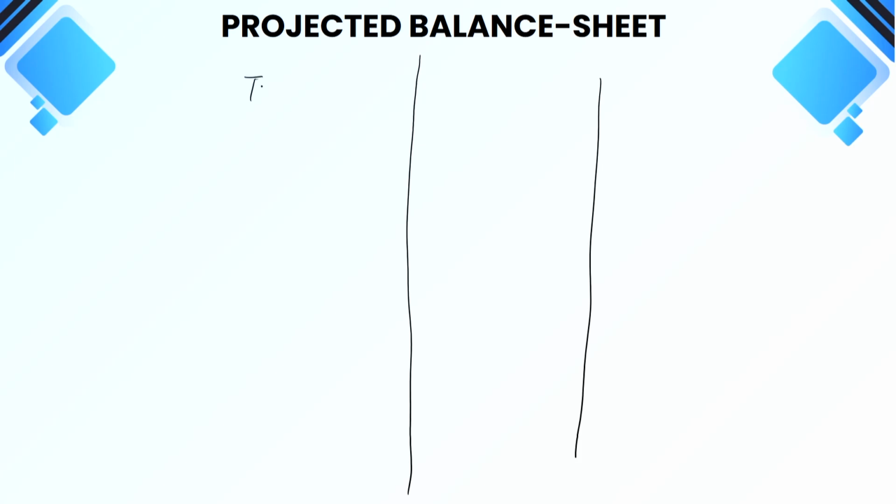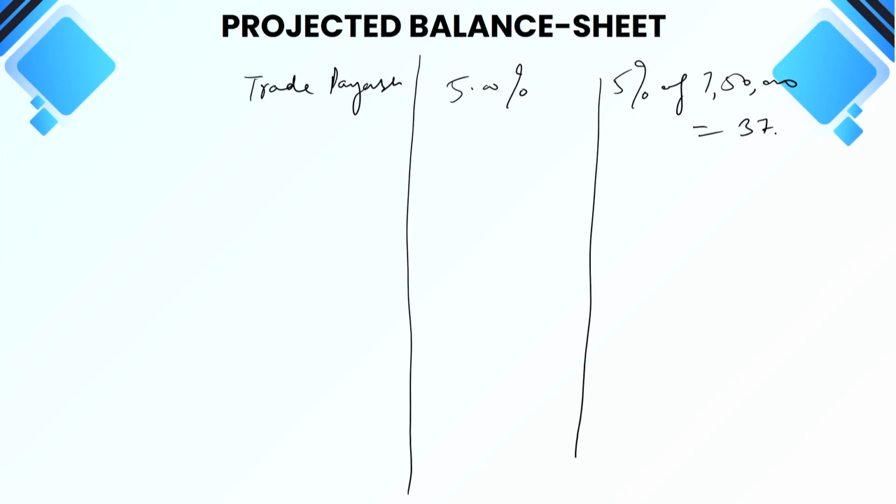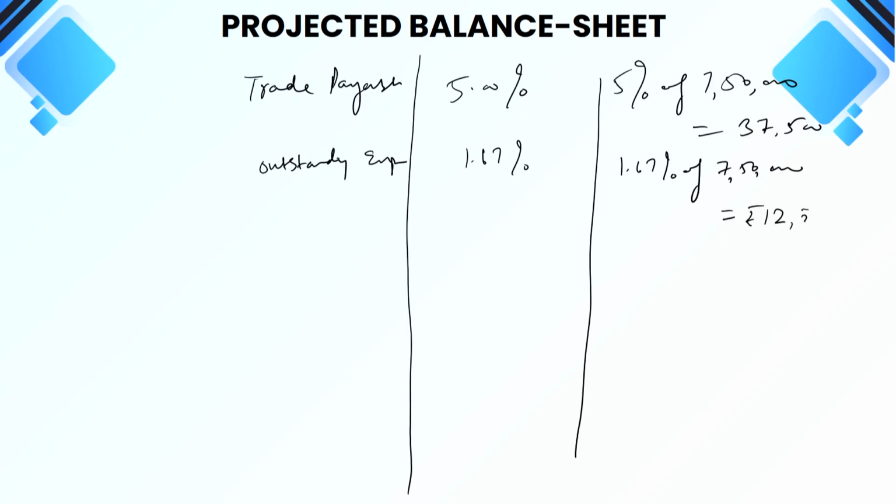As we projected the current assets, now we project the current liabilities too. The current liabilities are trade payable at 5% of 7,50,000, which comes to 37,500. Then we have outstanding expenses, 1.67% of 7,50,000, which comes to 12,525 rupees.